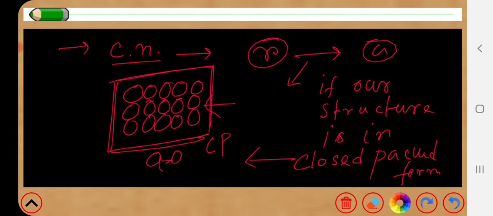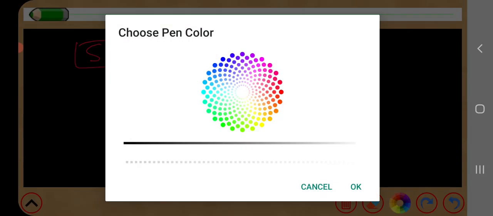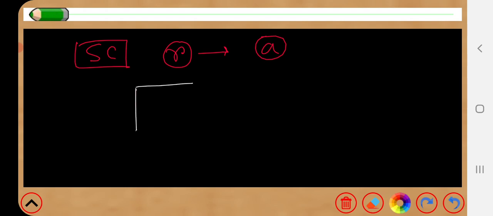Okay, so this relation between R and A is only possible in the simple way when we are taking the closed packed form. So in the simple cubic structure, if the radius of one atom is R and the lattice parameter is A, what is the relation between them? So let's draw the simple cubic structure here.